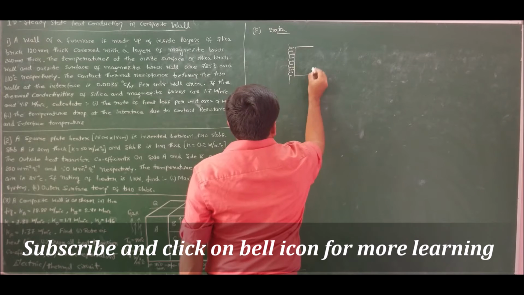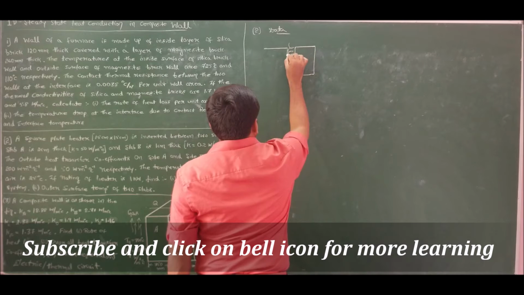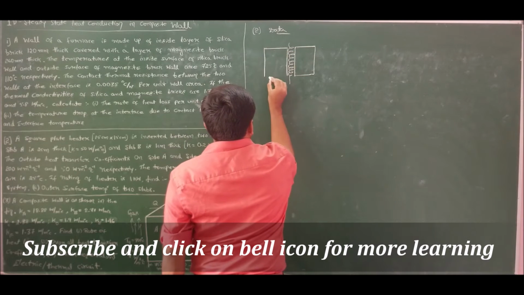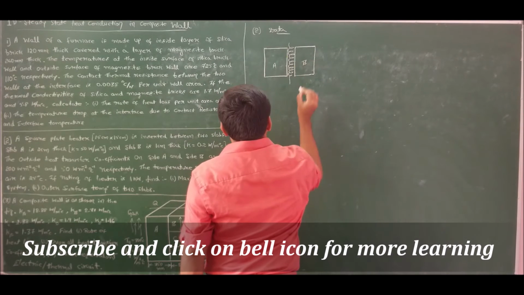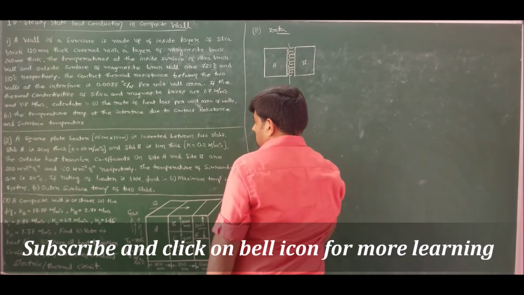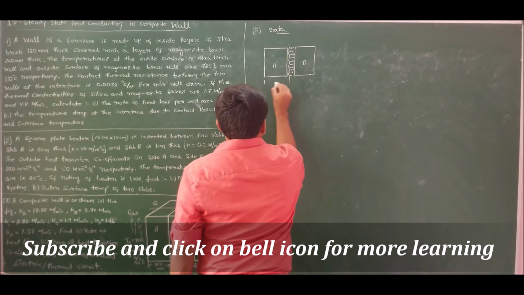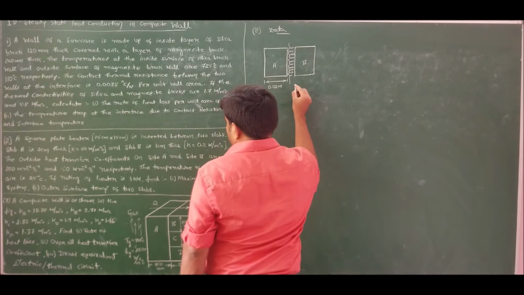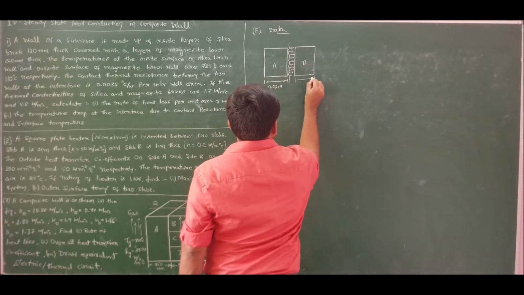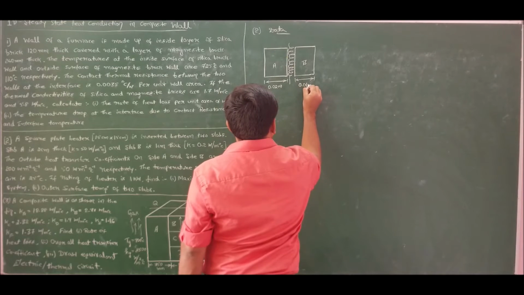Let us take the slabs as slab A and slab B. He has given the thickness of slab A as 2 centimeters, which is 0.02 meters, and the thickness of slab B is 1 centimeter, that is 0.01 meters.